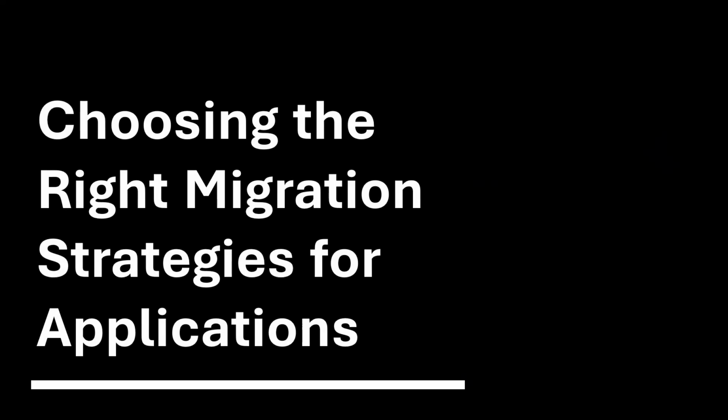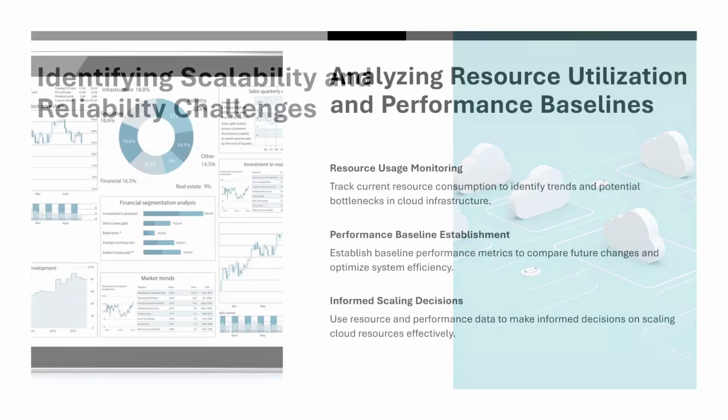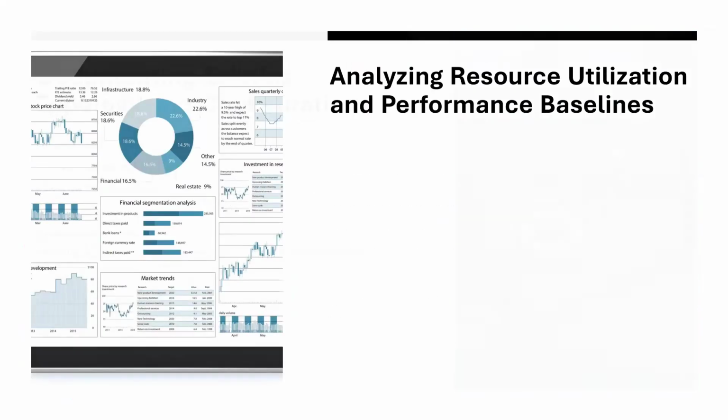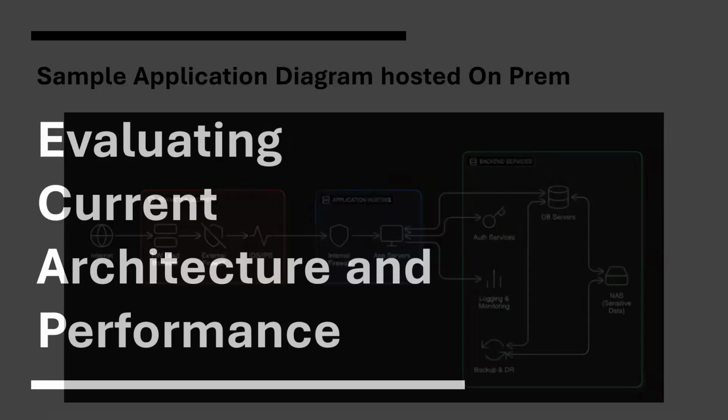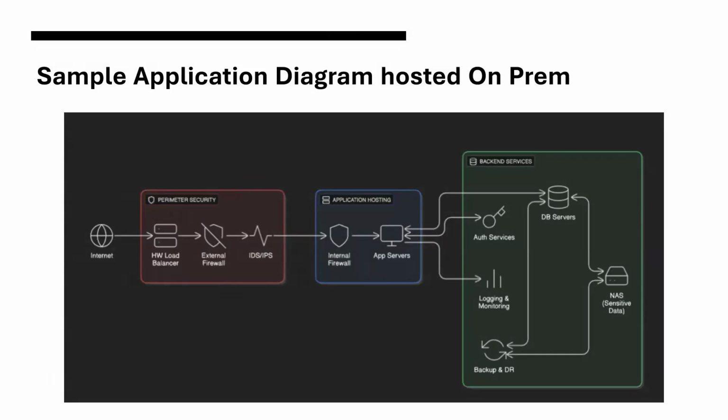Once you gather all the information about the application, you can then jump on to selecting the right migration strategy for the application. So what I have covered so far, under evaluating the application architecture, is that you need to gather information and ask the right kind of documents from the customer, so you can understand all the different components of the application.